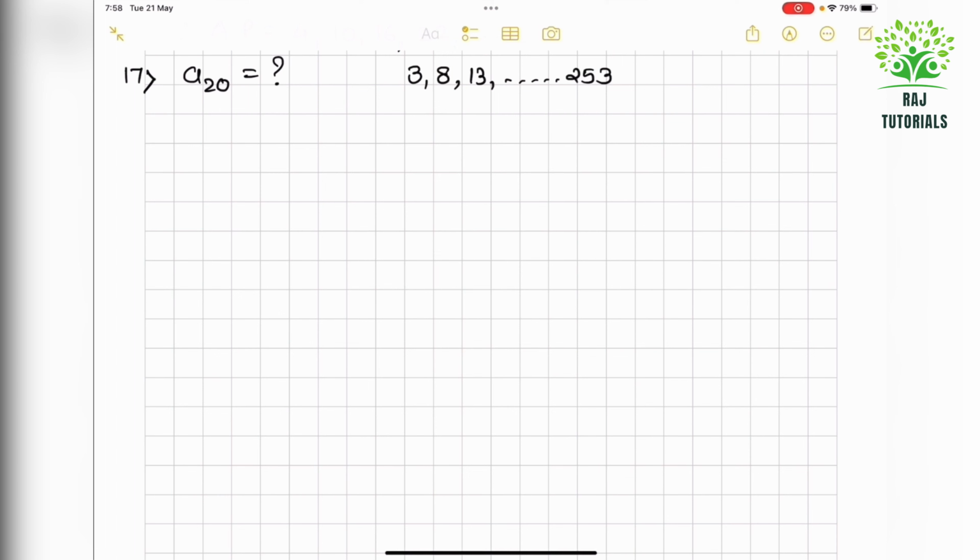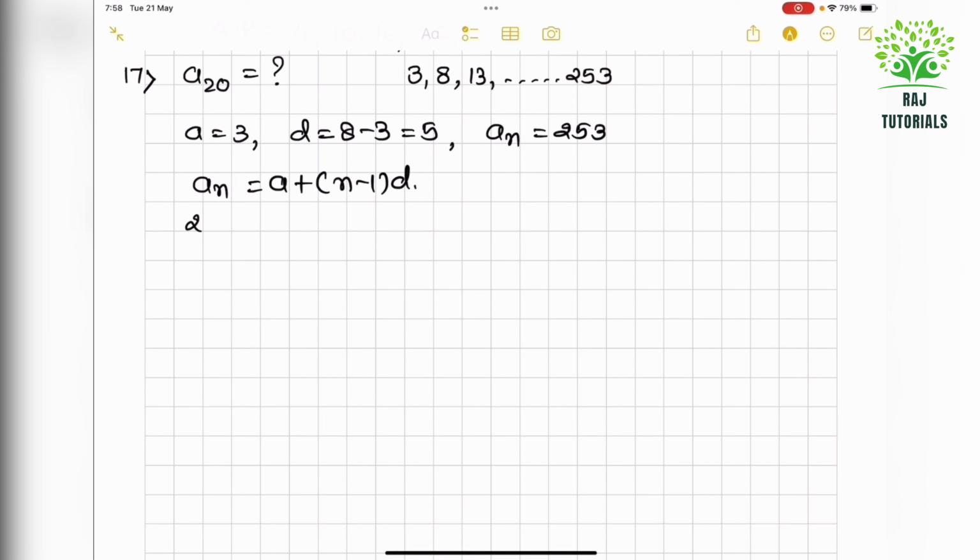Now 17th one he has given. Find the 20th term from the last term of the AP 3, 8, 13 dot dot dot 253. So see, A is 3, D will be 8 minus 3, so that will be 5, and AN is 253. So I can directly say AN equal to A plus N minus 1 D formula I have to use.